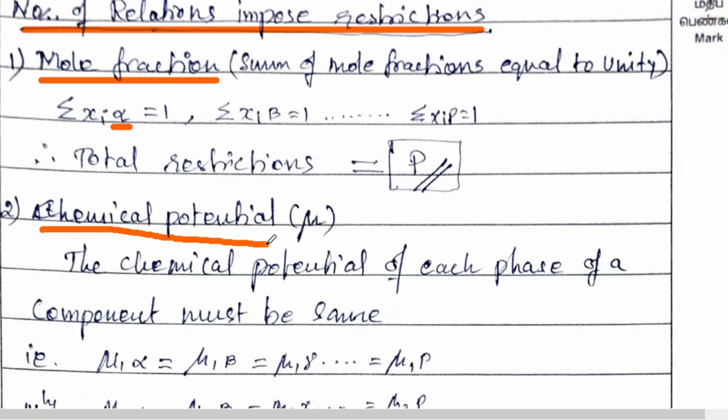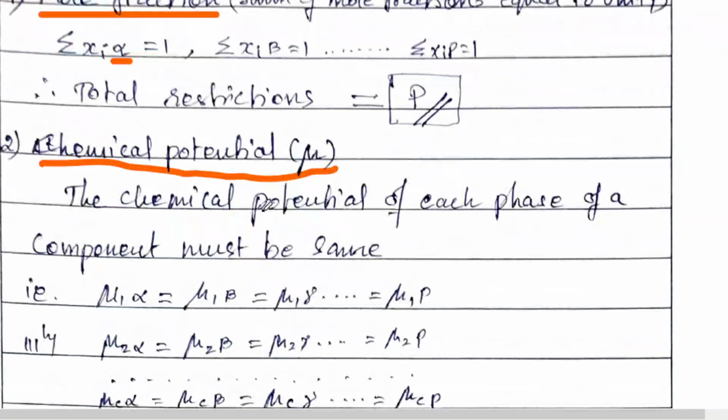To understand chemical potential, the chemical potential of each phase of a component must be the same.